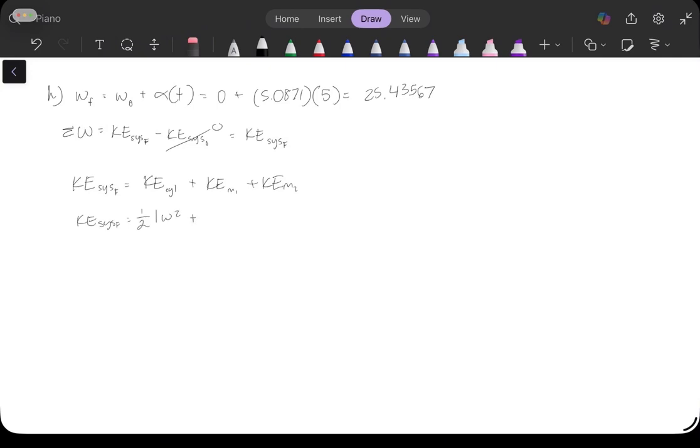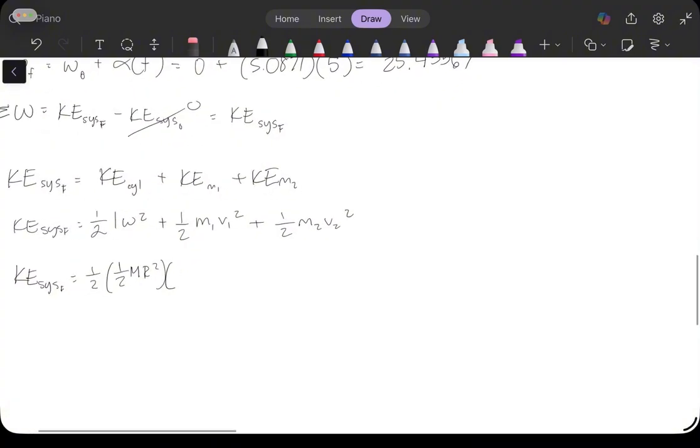And then for both of the block masses, it'll be a linear kinetic energy. So 1/2 mv squared plus, okay. Now I'm going to expand this 1/2 mr squared, and then we have final omega.